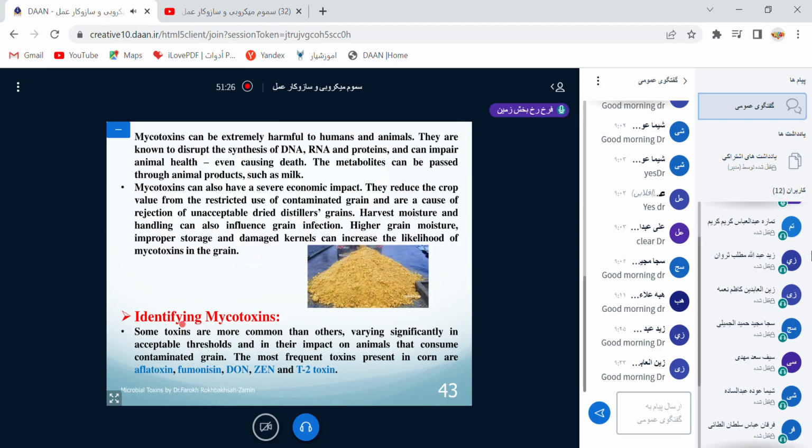Identifying mycotoxins. Some toxins are more common than the others. So some fungi are more present in different products, and accordingly, those produce mycotoxins more than the others.